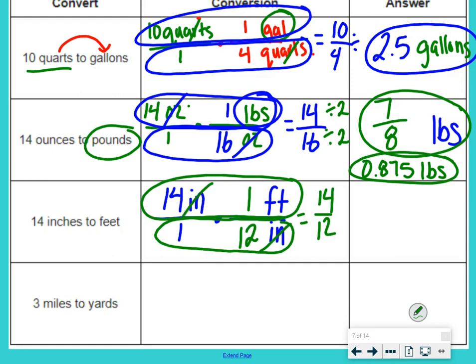Inches cancel off. We're left with feet, which is good. 14 over 12. Let's do 14 divided by 12, because remember, that fraction means divide. And we get 1.16 repeating feet.